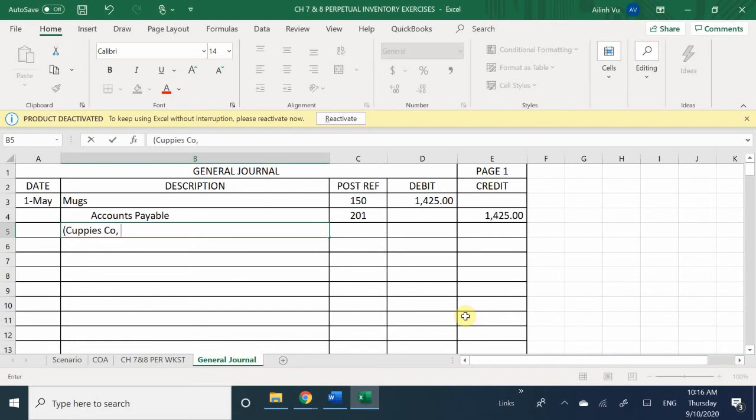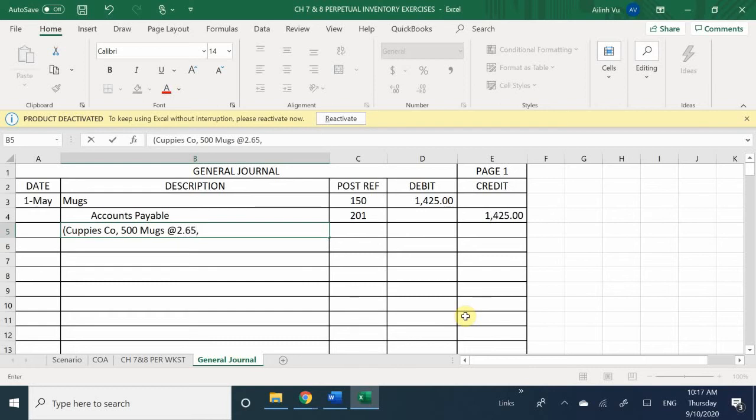All right. How many items did I buy? I bought 500 mugs. Yeah, just 500 mugs. You're good. Okay. At $2.65 each, just in case I make a refund.